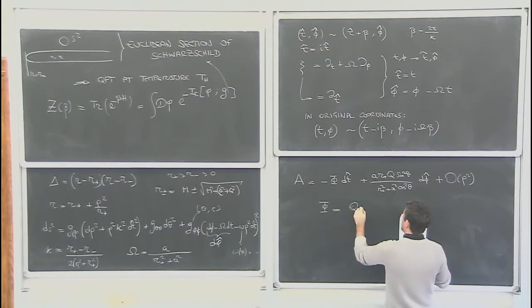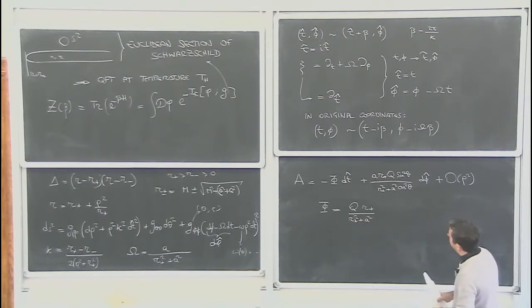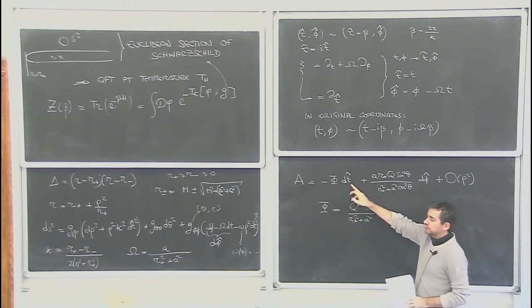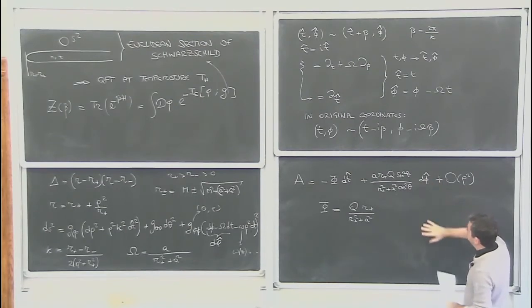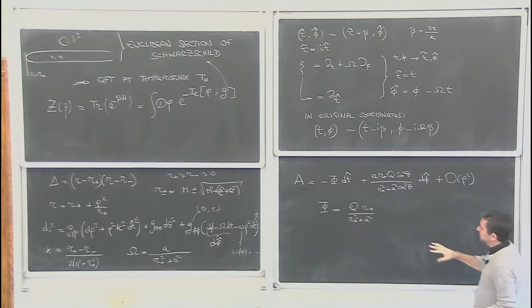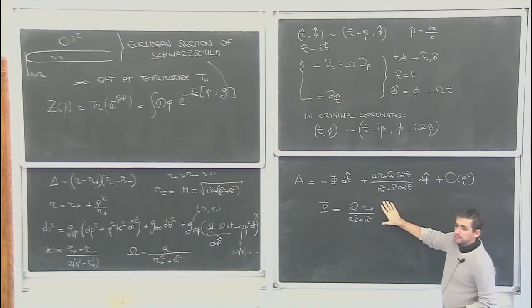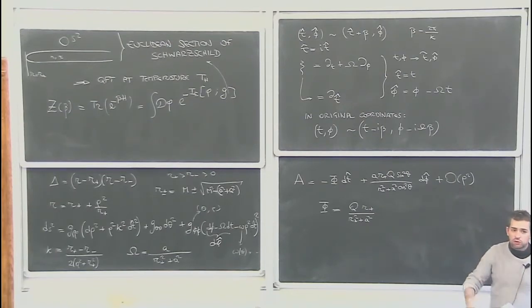It is q r plus over r plus squared plus a squared. So you first need to introduce this t hat coordinate, and you need to do this expansion in this way. And what you get is precisely the electrostatic potential that I told you is the right one.